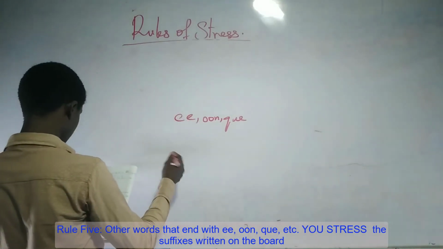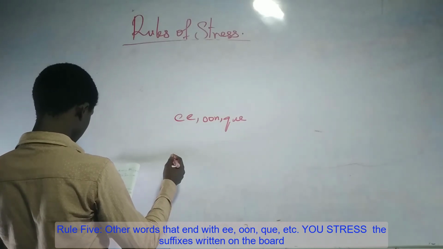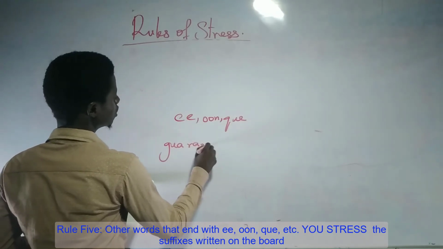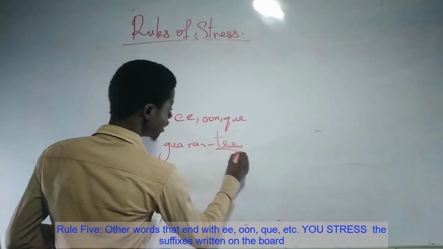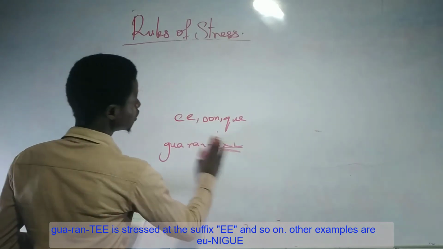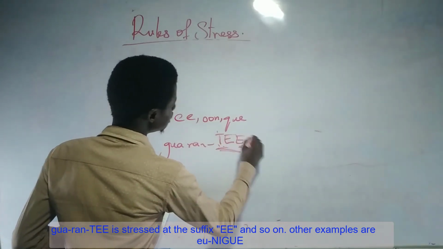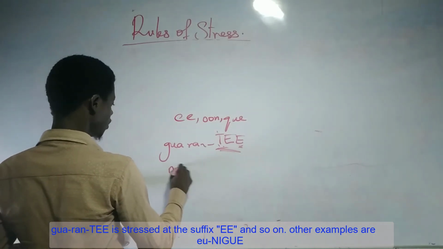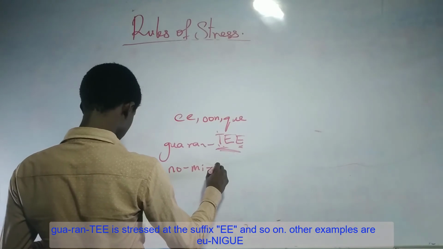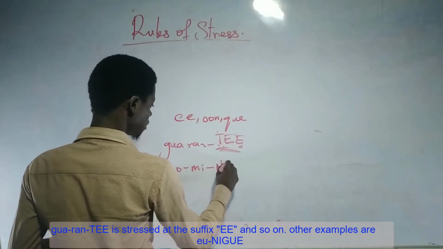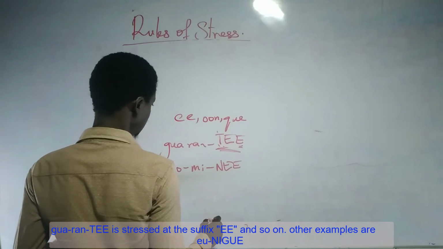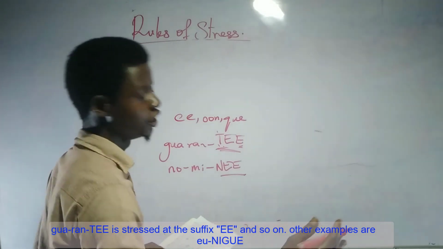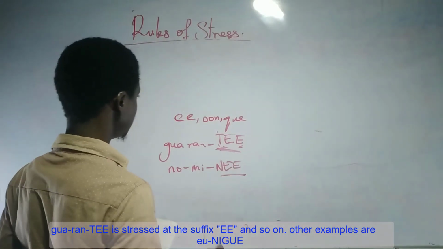Like, let's say, guarantee, you stress it at the double E. Then when you go for another one, like nominee, absentee, guarantee, employee. You stress it at that E, like unique.